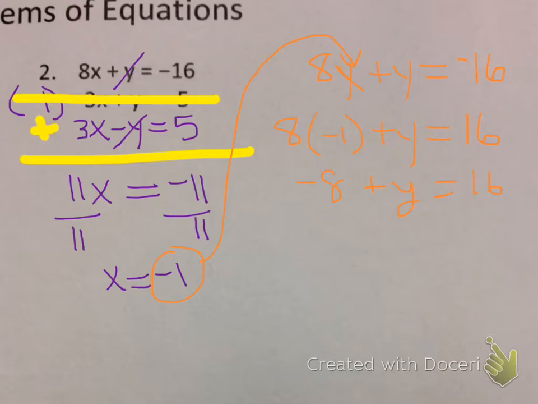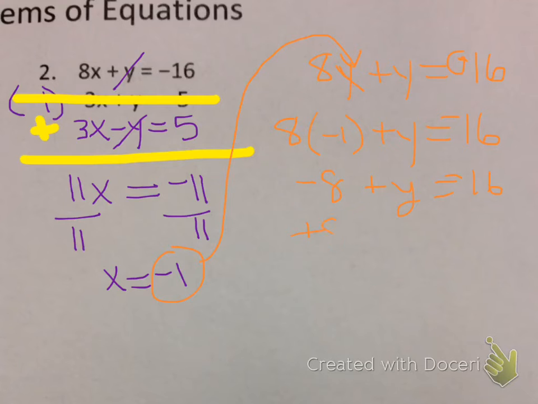Then just continue to solve this by adding that 8 over to the other side. And before I go any further, I noticed here that I lost my negative. I had a negative right here, but I forgot to carry it down. So let's just go back and add that negative on here so I don't mess up. There should be a negative right here.